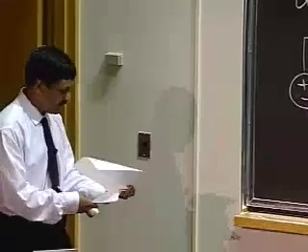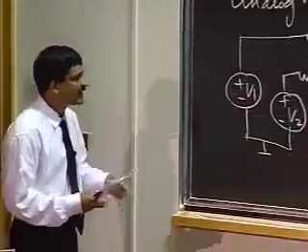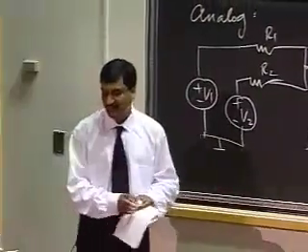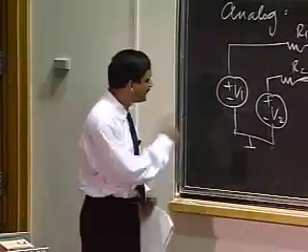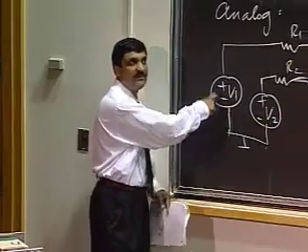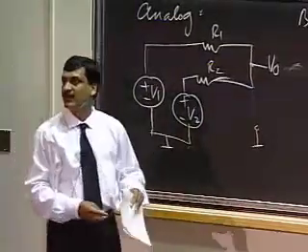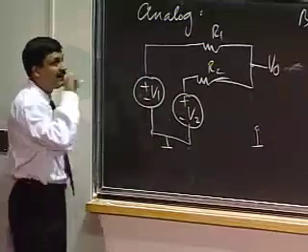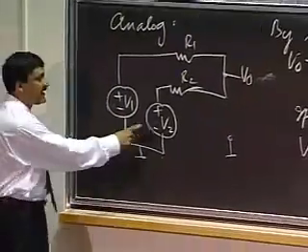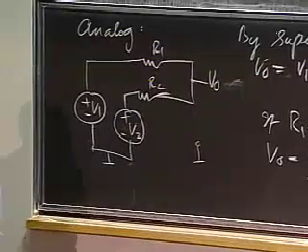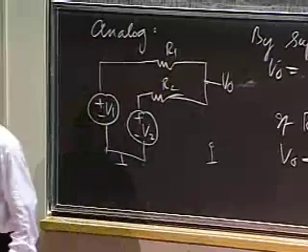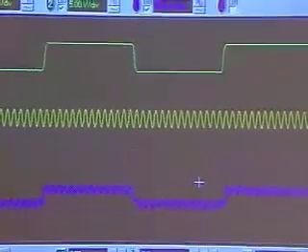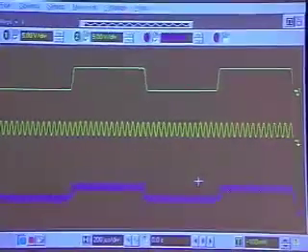Let me show you a quick demo of this example, and then look at what the problems are with it. Let's say, as one example, I applied a square wave at V1, which is the top curve, the green curve, and a triangular wave at V2, the second one. As you expect, the output is going to be the sum of the two voltages, scaled appropriately. So notice that I have a square wave with a superimposed triangular wave on top.